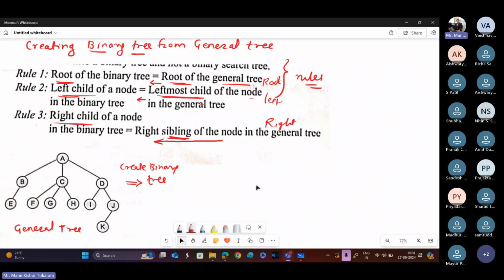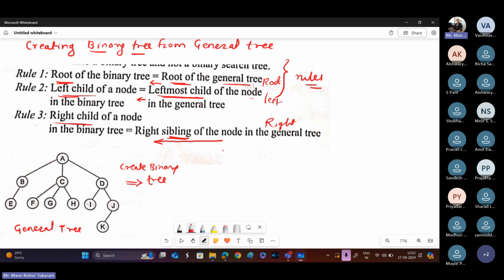So here, now we need to create the binary tree from this particular general tree. So what is my first condition? Root of the general tree is the root of the binary tree.